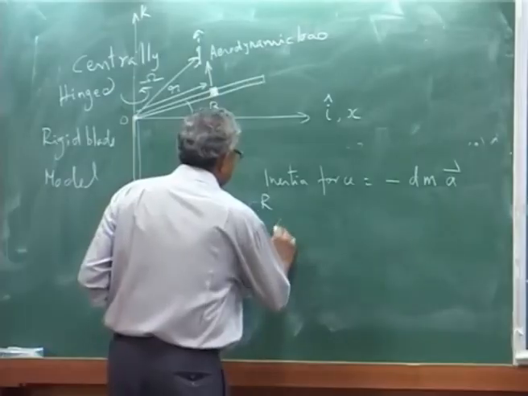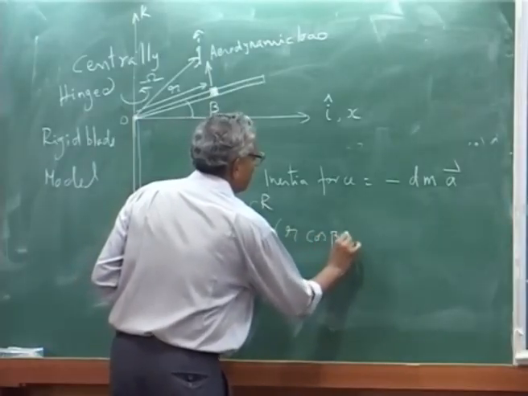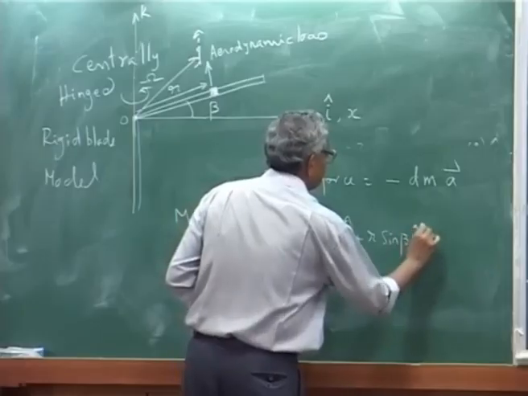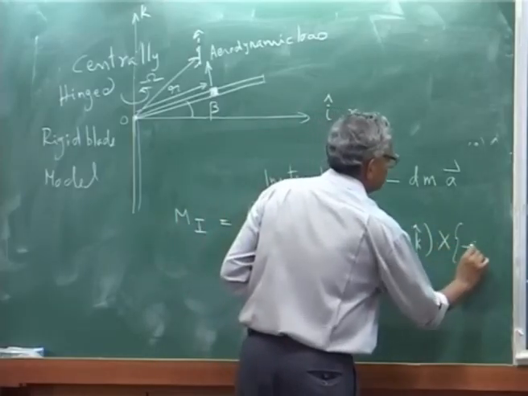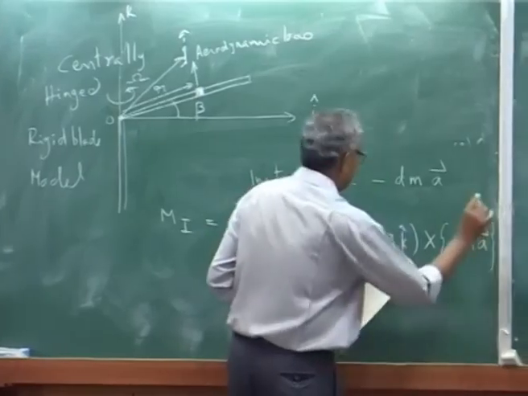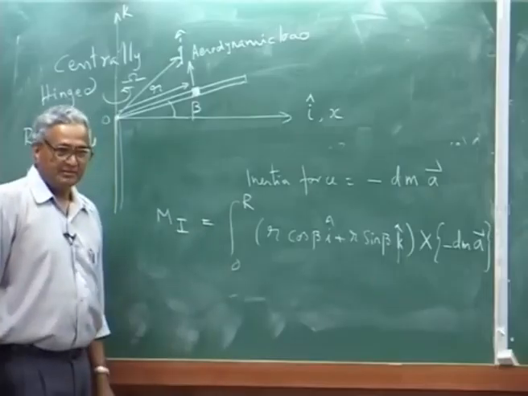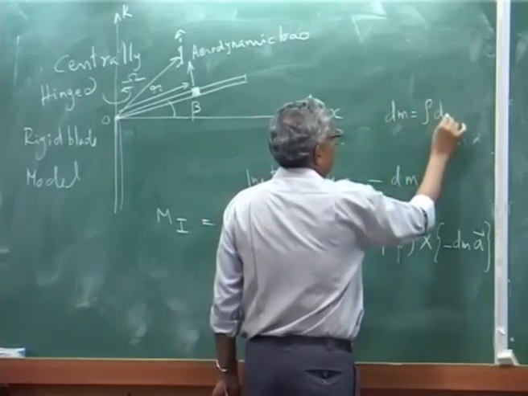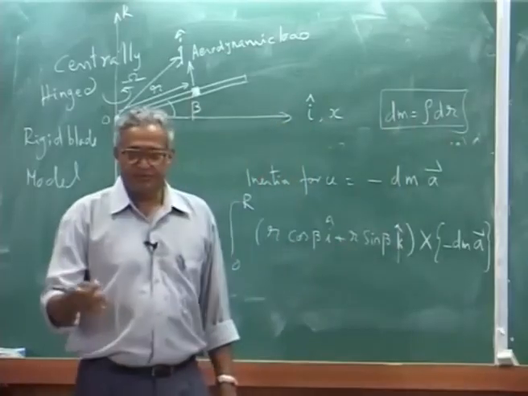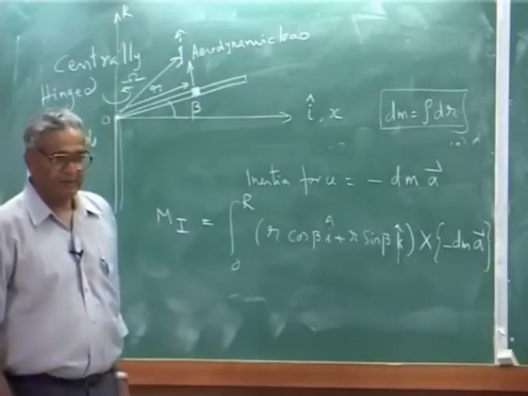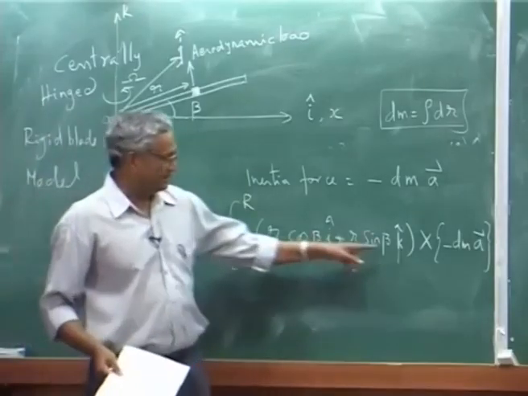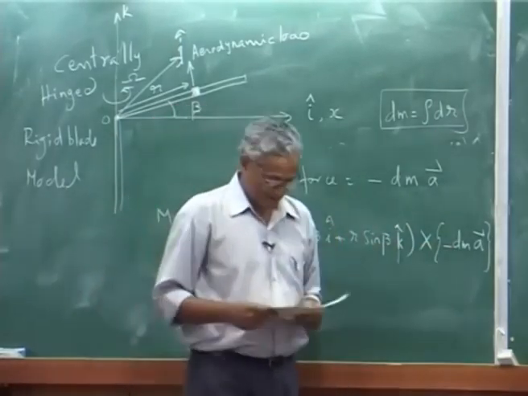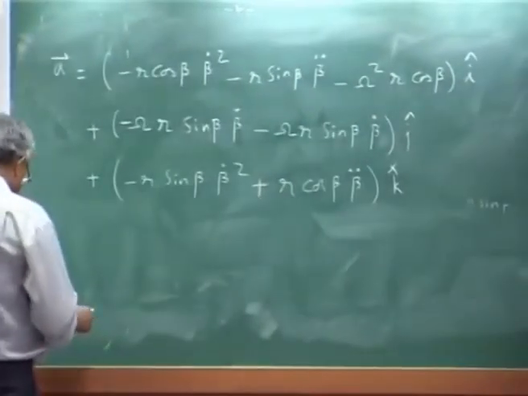Your r is r cosine beta i plus r sine beta k, cross minus dm a. dm you can write as rho dr, where rho is the mass per unit length and dr is the elemental length. So you substitute everything and take the entire cross product.